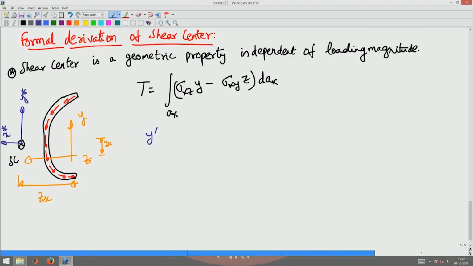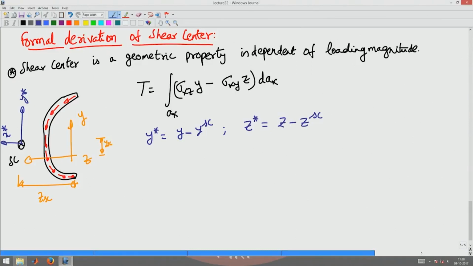Y star is related to y as y minus ysc. Now, similarly z star is related to z as z minus zsc.